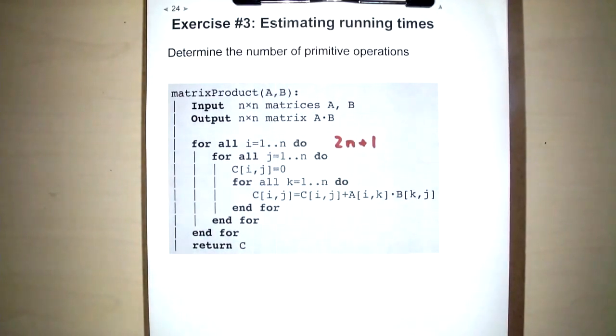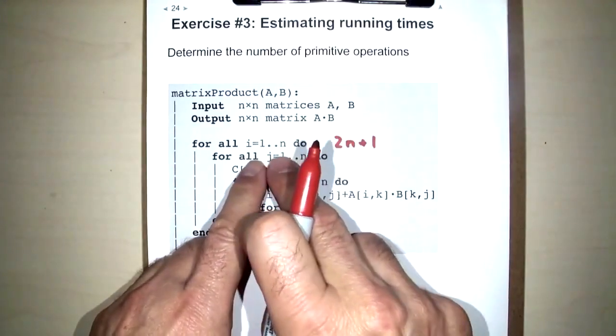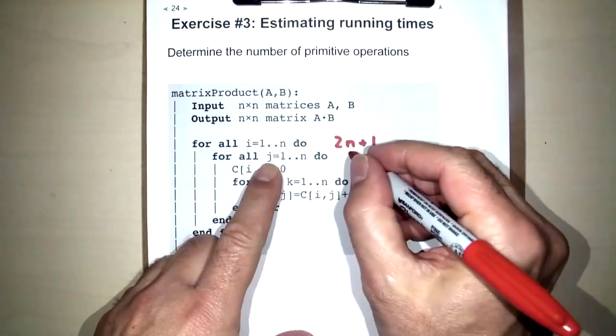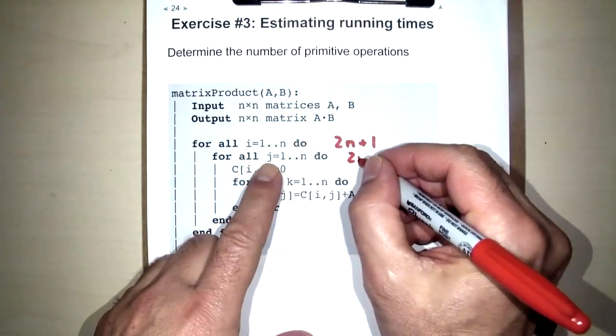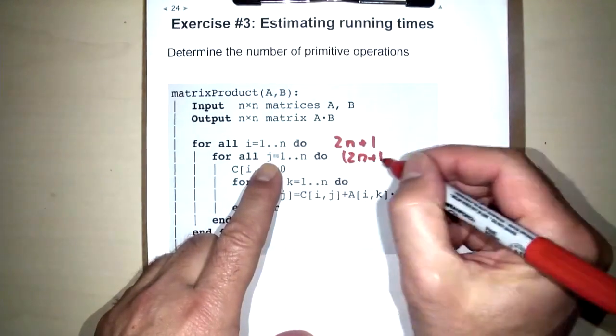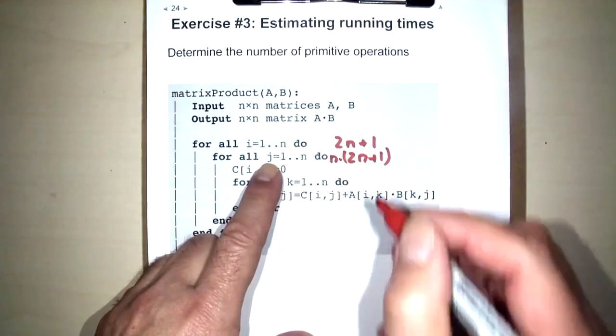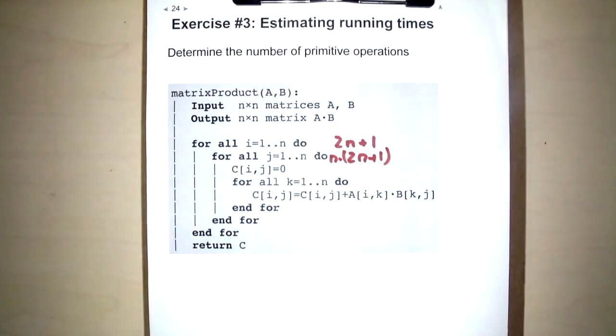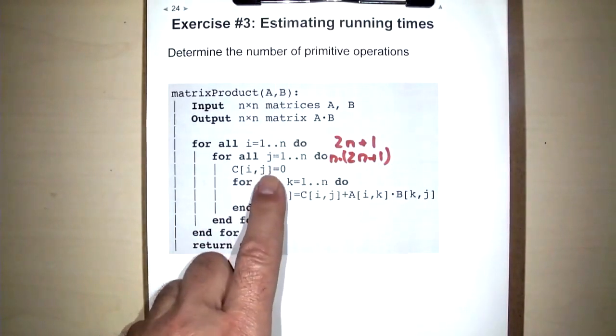Anyone? Yes, that's exactly right. So we have the same looping through n elements. So that would be 2n plus 1. And we have to do that exactly n times. We have to execute the inner loop n times, because this is what the outer loop says. And the inner loop itself takes 2n plus 1. Cij equals 0.